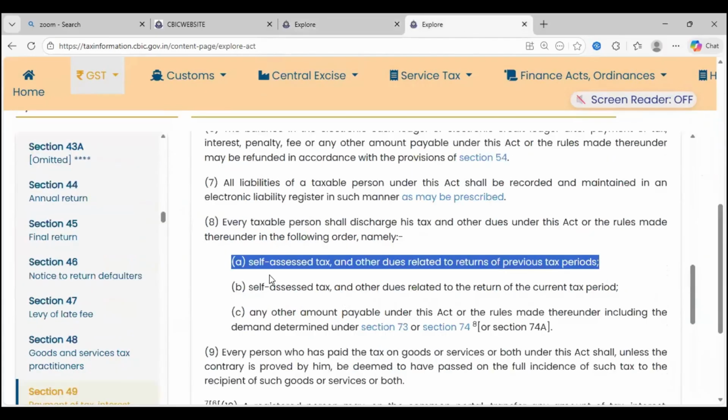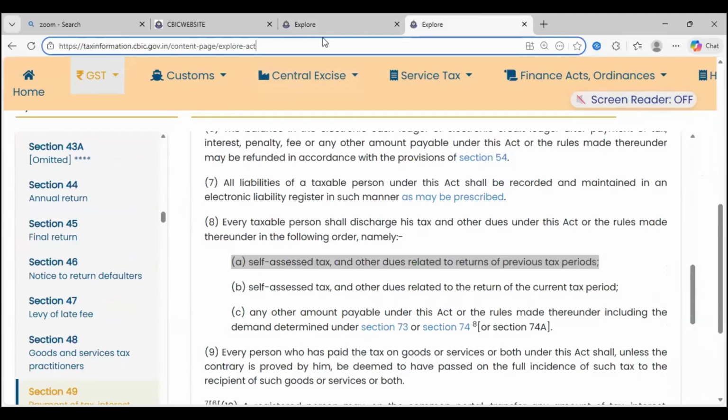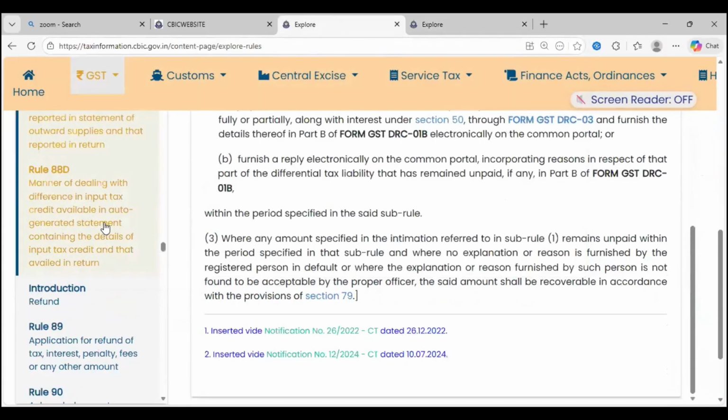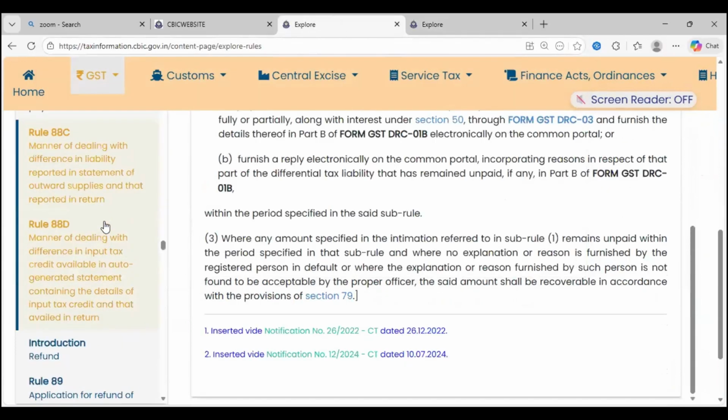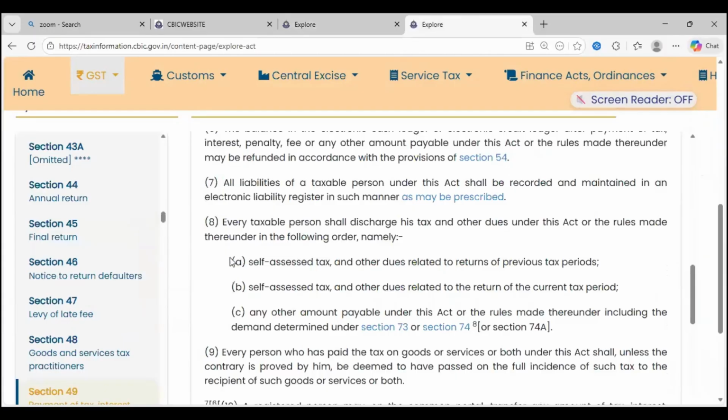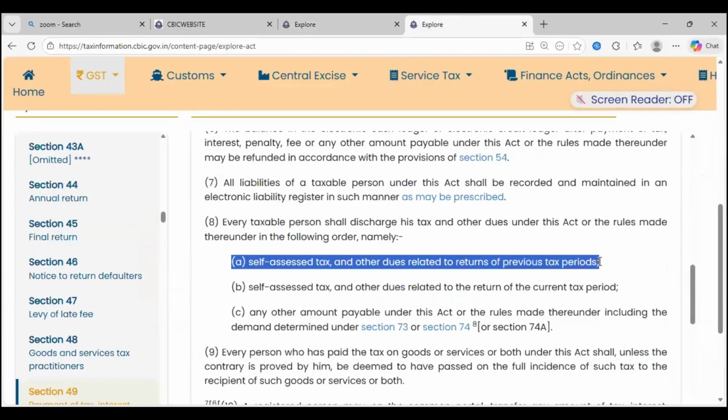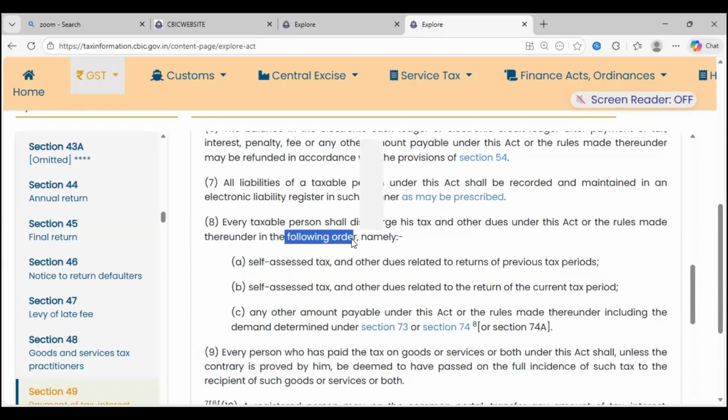Till that point in time, when we were reading this Section 49, this was the original version, where the day the law was written, they didn't anticipate that this kind of 88C, 88D would come into existence. We don't know what may happen in future, right? So at that point in time, they carved out this provision saying that, look, whenever there is a self-assessment tax which is not paid, first let that be paid. This is the order they have given.